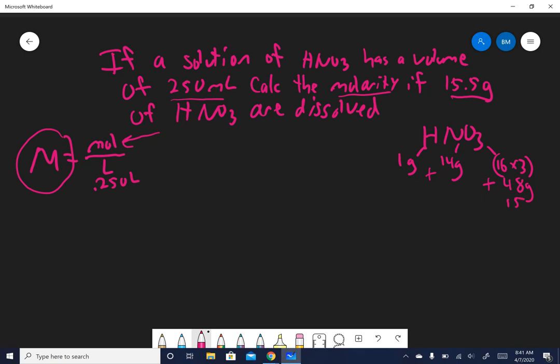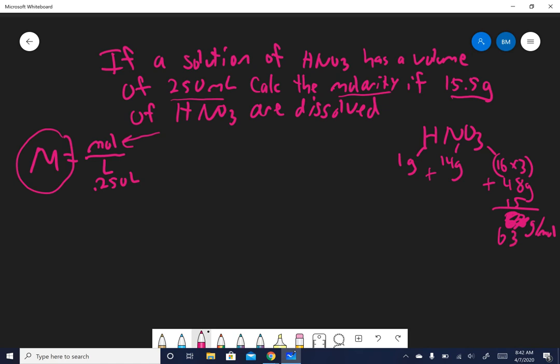So 48 and 15, right? So that's 63 grams per mole. So 48 grams, because 3 times 16, plus 15, 14 and 1. So that's 63 grams per mole. Sorry, did that too quick.